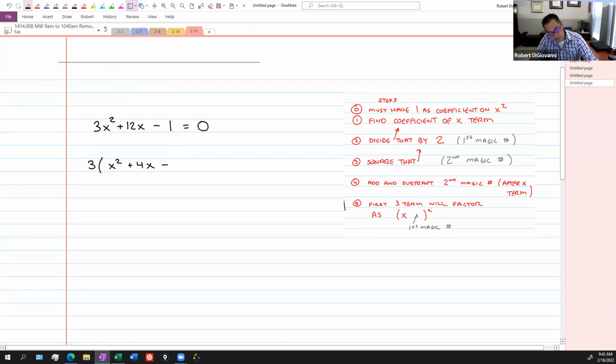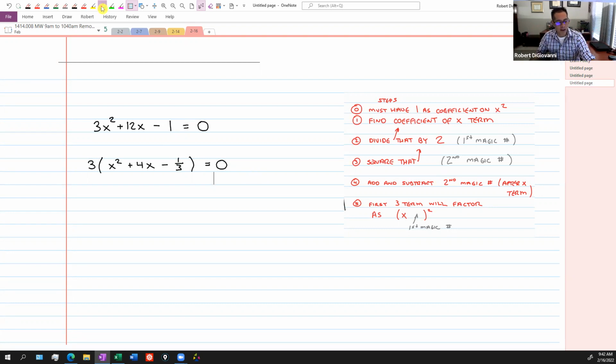If I write this as minus 1/3, then it's correct. Think about what I just did. This was a 1, there's no 3 in here. But if I rewrite this as minus 1/3, think about what happens when I distribute the 3 back through. I get 3x squared, I get 12x, and then 3 times negative 1/3 gives me the negative 1. So even though it's weird, it is allowed. I can do that. You'll follow me?